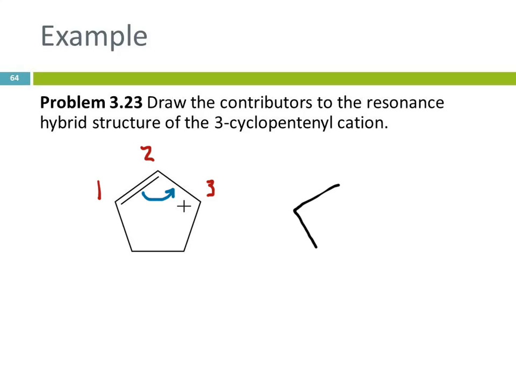And when that happens, now the double bond is over here. This carbon is no longer a cation, but this one is. Any questions?